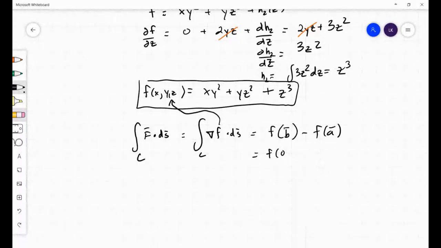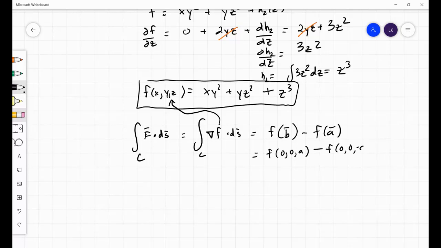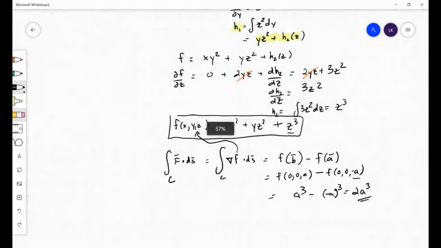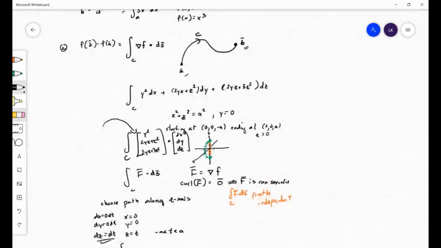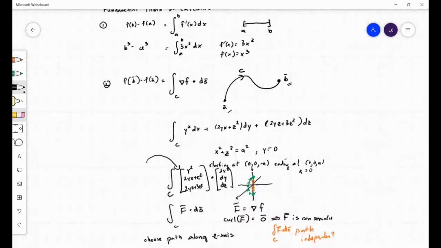So this was 0, 0, a for the terminal point, and this was 0, 0, minus a. So once again, you just get a cubed minus, so luckily we got the same thing, as should be the case. Okay, all right. So that was the second manifestation of the fundamental theorem of calculus for line integrals.